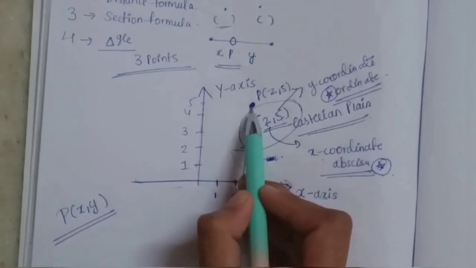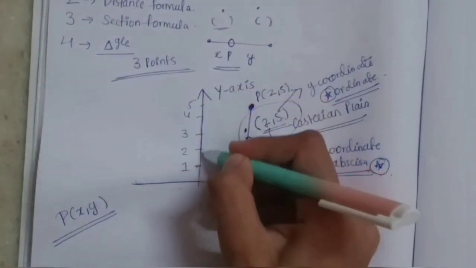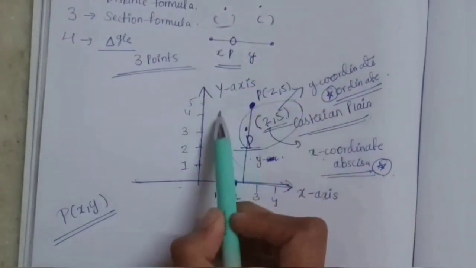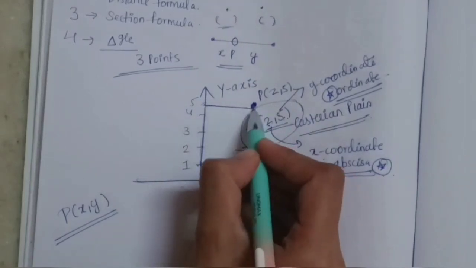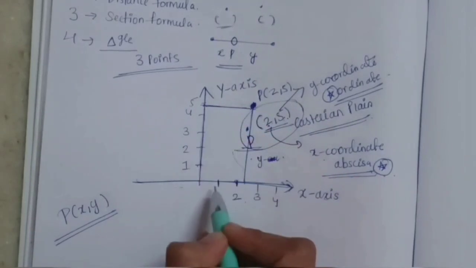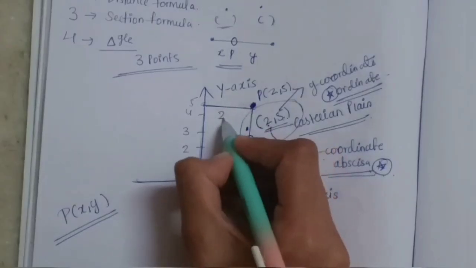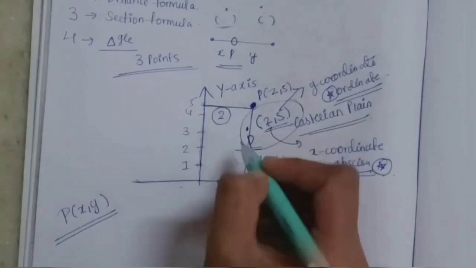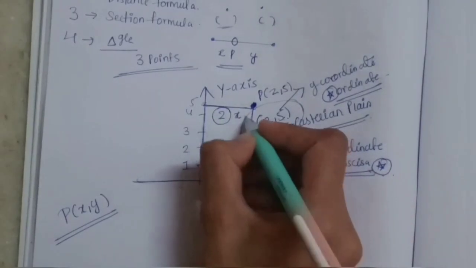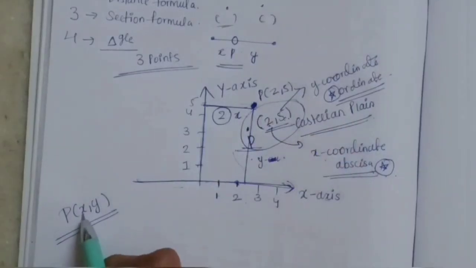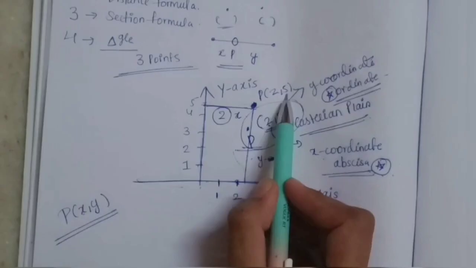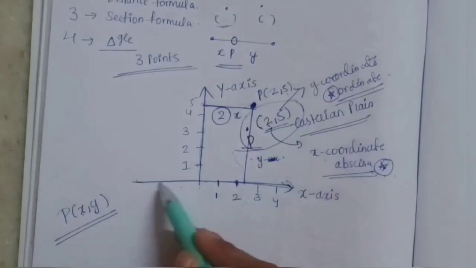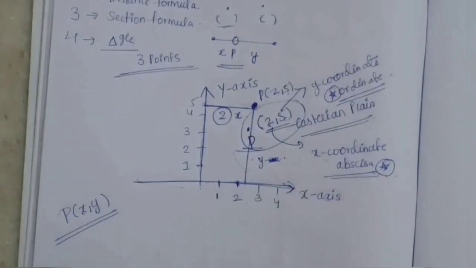And the distance of the point P from the y-axis is 2 units, which is its x coordinate. So what does it mean? The x means the distance of the point from the y-axis, and y means the distance of the point from the x-axis. This is the actual meaning.